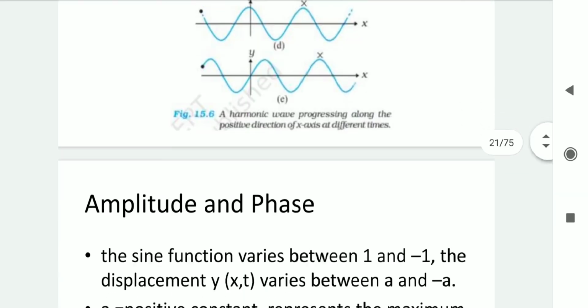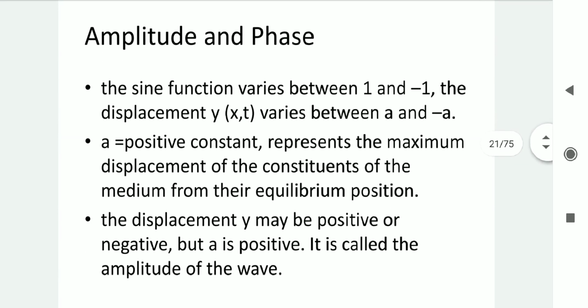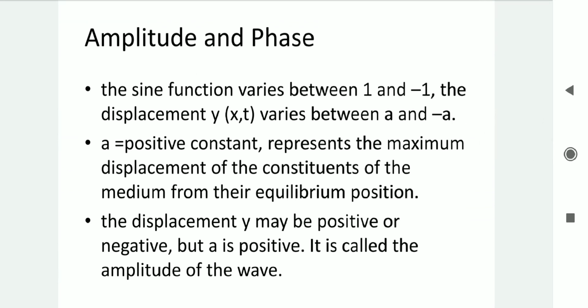Now let us understand amplitude and phase components. Here we have taken as reference the sine function, which varies between maximum values of +1 and -1. Here it is multiplied with A, so its total displacement varies with magnitude A, from A to -A.